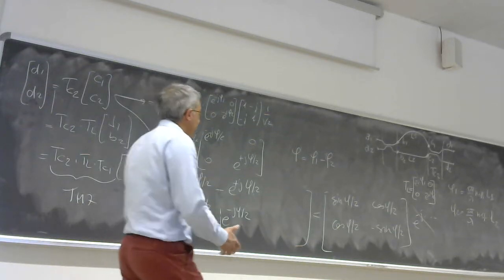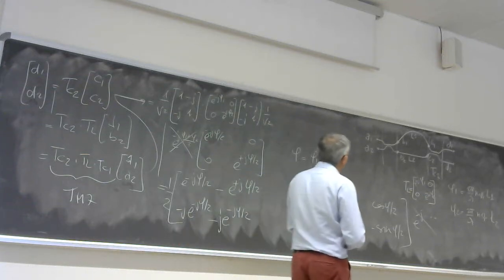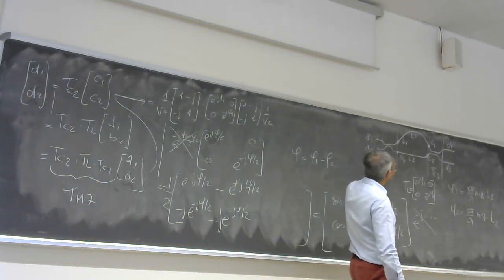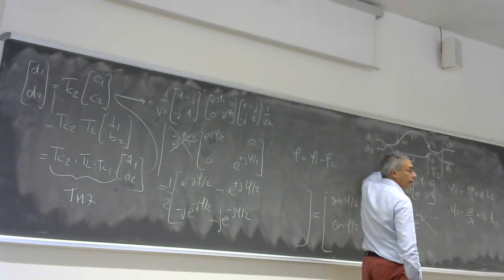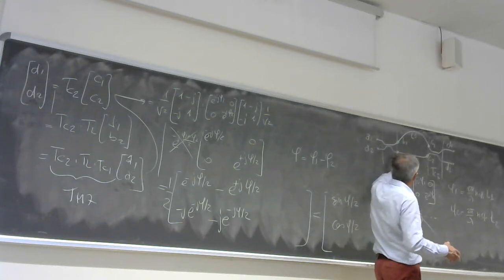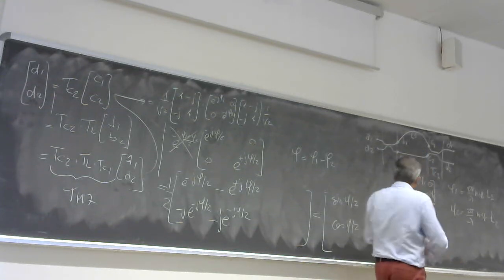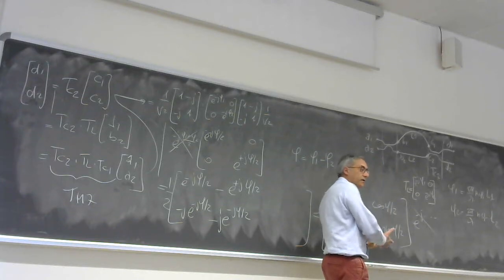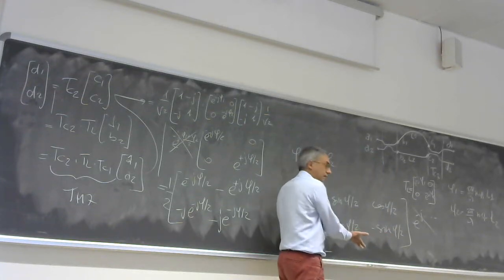You can imagine that if I include also the real directional coupler, the transmission matrix is more complex. If I include the attenuation, it becomes more complex. But basically, it's this one.